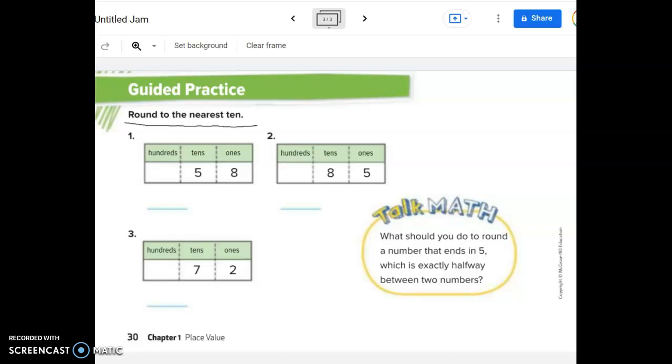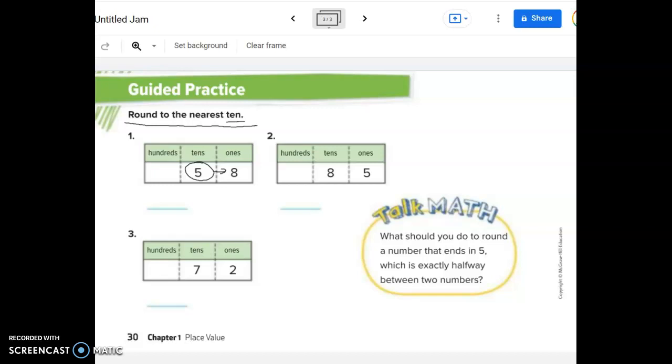Now if we look at the number 58, it's made up of the digits 5 and 8, and we're rounding off to the nearest 10. So if I look in the tens column, I have to circle the digit that's about to be rounded. Then I look to the number on the right hand side, which is 8. And 8 is 5 and above. So what does the rule say?